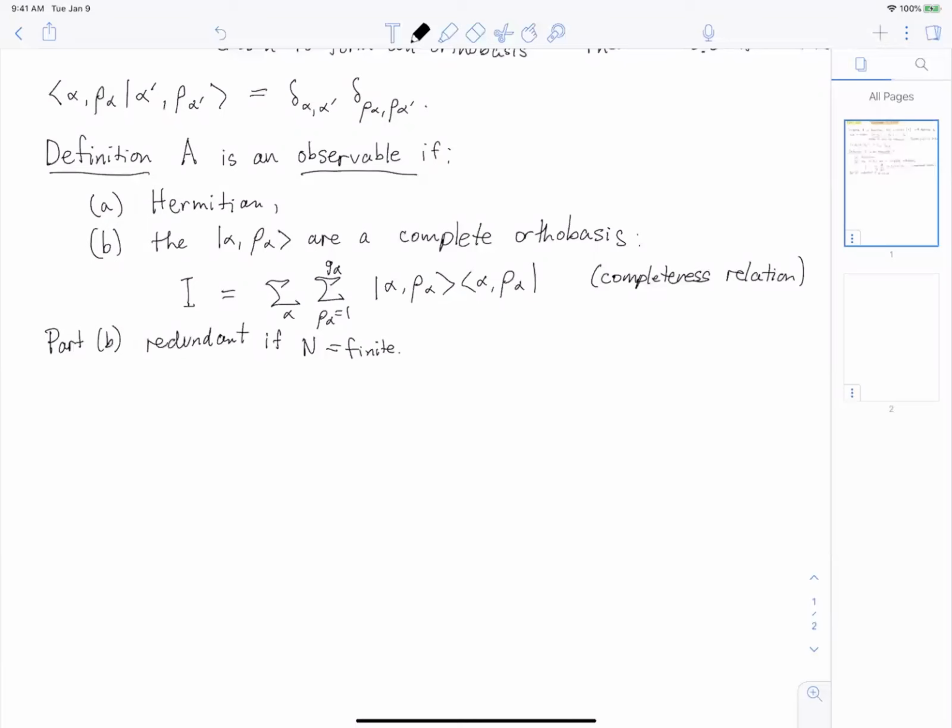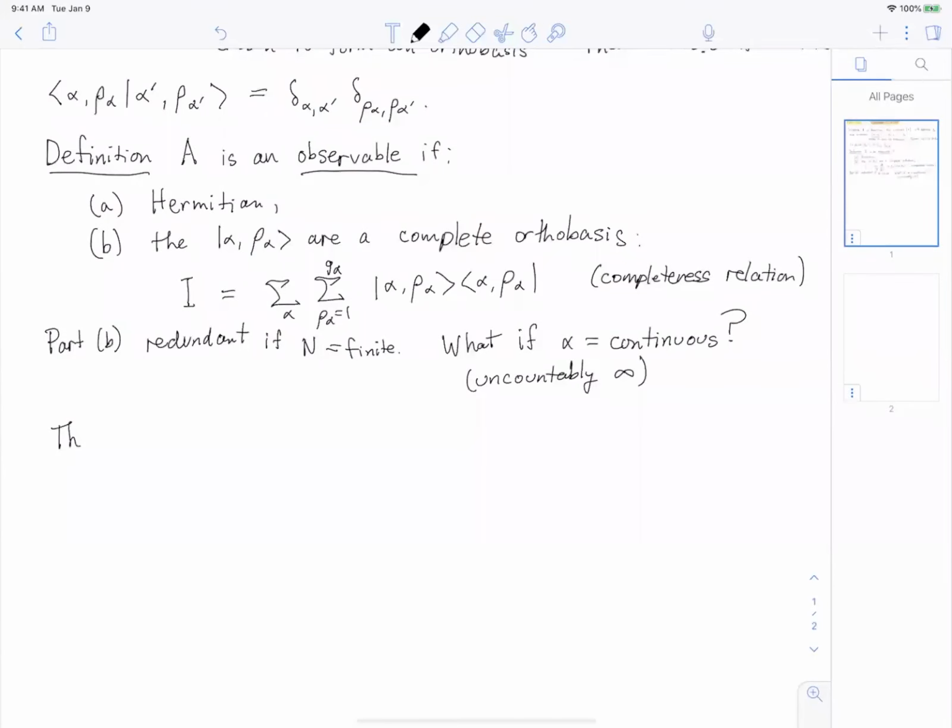Okay, so what if these eigenvalues alpha are actually continuous, which happens quite a bit if you have an infinite dimensional Hilbert space. This would include the case of an uncountably infinite Hilbert space.